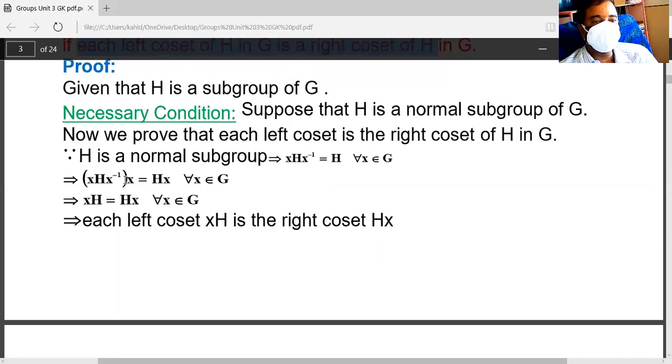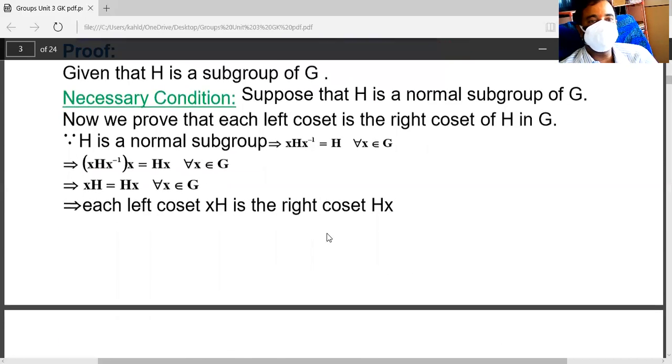Then what happens? x inverse x becomes E. E means 1. What remains? xH. Here on the right side Hx. Okay, xH is equal to Hx means this is a left coset, this is a right coset. Each left coset xH is a right coset Hx. Is it right? The necessary condition is over.